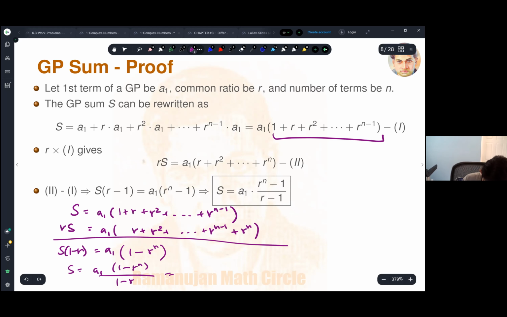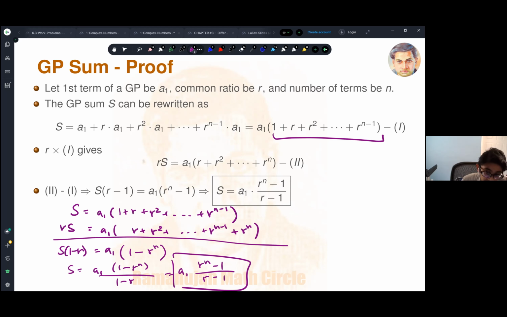And then the way that it's been written, if you take the negative sign out on both upper and lower, you could write it in this form as well. So that's how you get this. Often multiplying the sum by another number, staggering it, and canceling out terms can be a very useful way of coming up with a closed form for the sum.